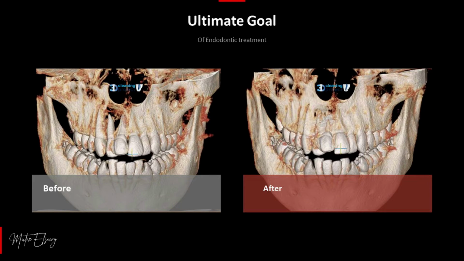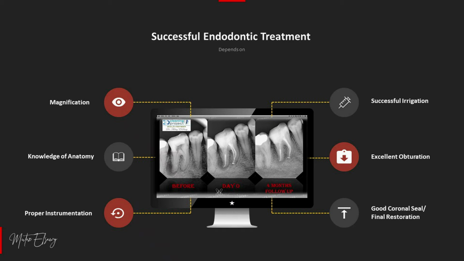We are all seeking success and perfection during endodontic treatment. To gain perfection, you have to know the goal of endodontic treatment. The ultimate goal of endodontic treatment is the prevention and or treatment of apical periodontitis, such that there is complete healing and absence of infection.